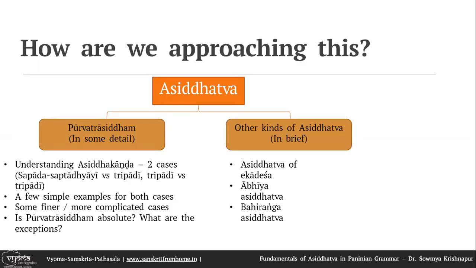Then there is a very important Paribhasha, Asiddham Bahirangam Antarange, which is an extremely complicated paribhasha with lots of shastric discussions. So we will not go in detail into the paribhasha. We will just try to gain a very superficial understanding of what it means by Bahirangasya Asiddhatvam.